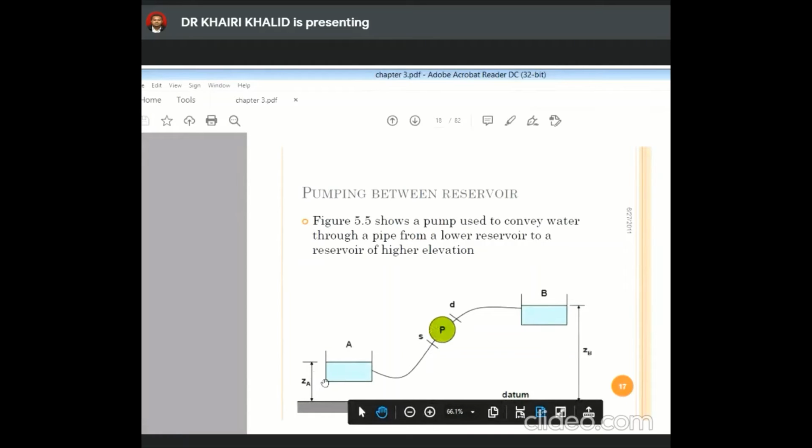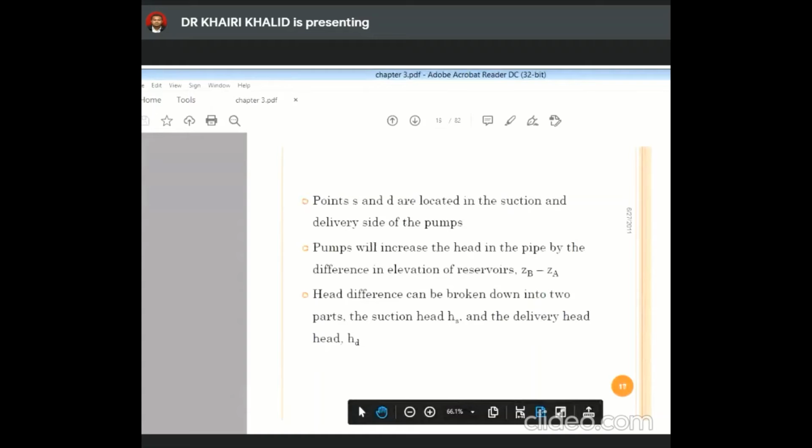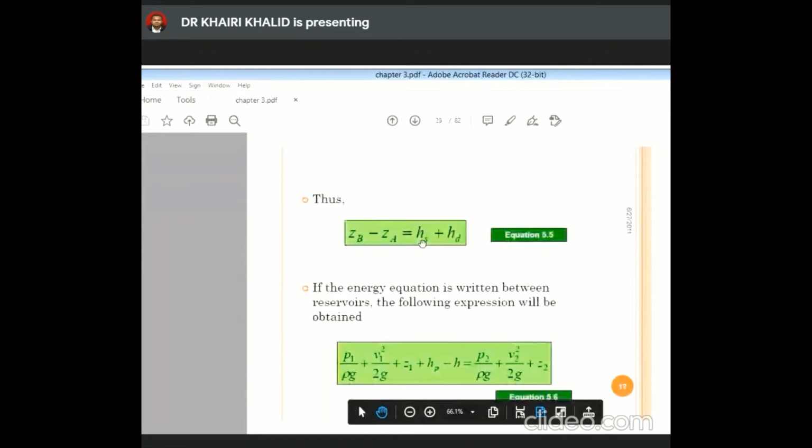Okay, and then HD is a distance from a delivery head to point B. So actually, if we have a look mathematically, ZB minus ZA equals HS plus HD. All right. Thus, ZB minus ZA equals HS plus HD. And then we bring back to this basic formula.